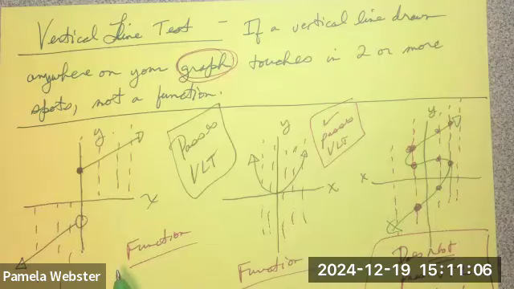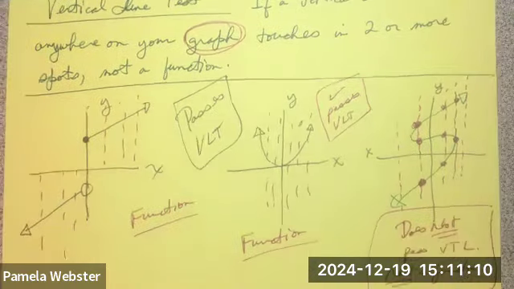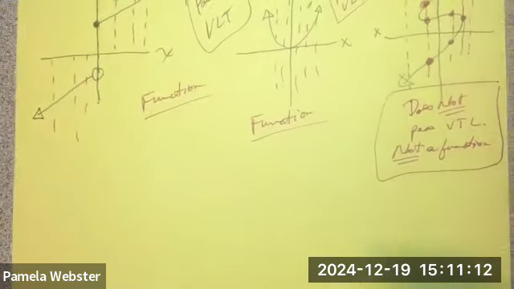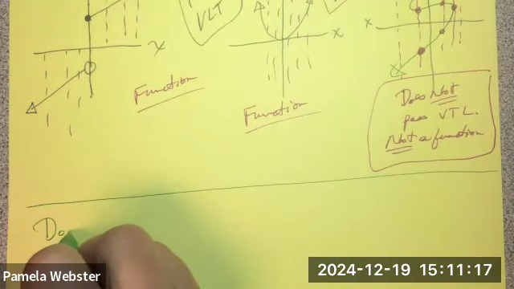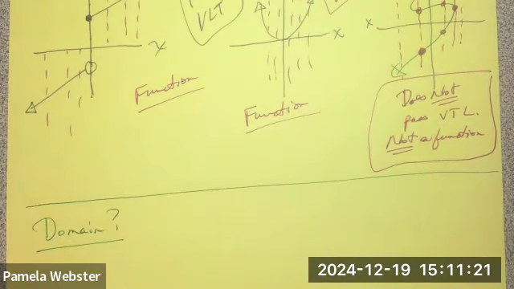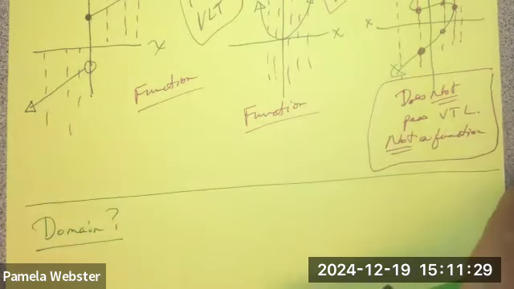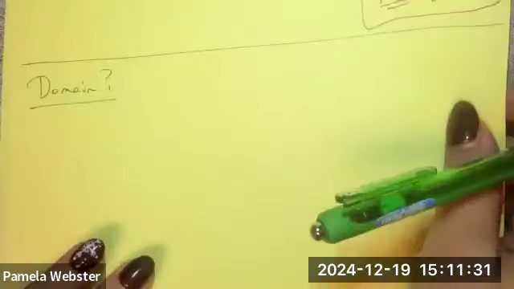All right. So the next thing after we do that is we want to talk about the domain and what's allowable and what's not. The one that I mentioned earlier in the semester was when we were talking about slope. If I'm dividing by 0, that's going to be a problem, right? The same thing is true whenever we're talking about an equation.